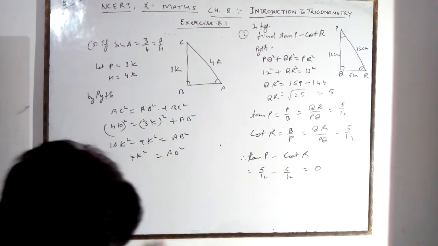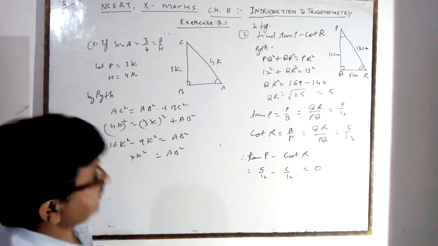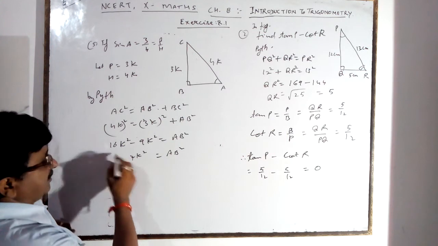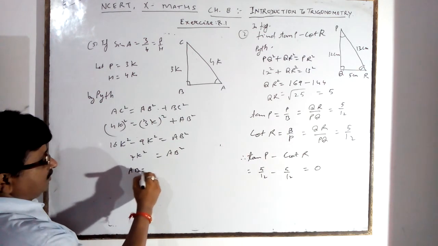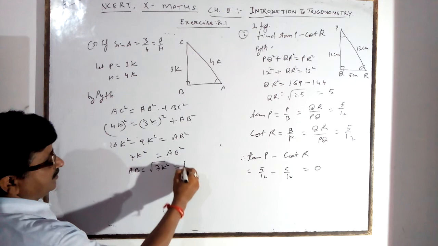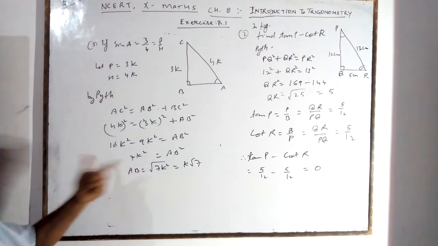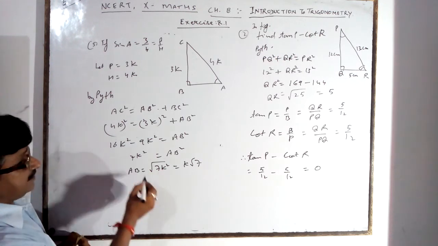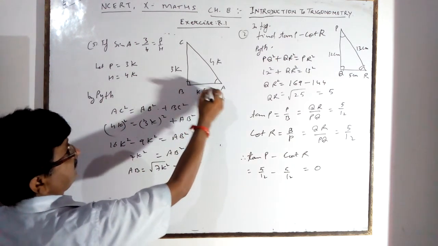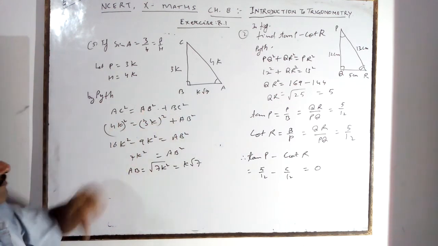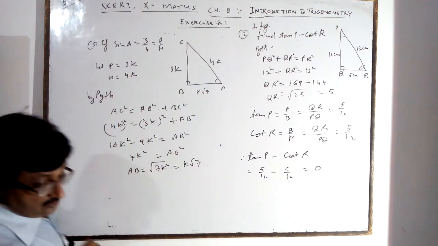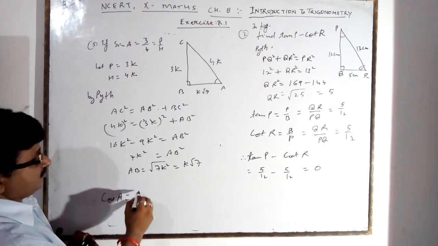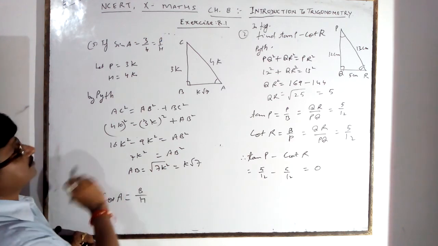Sin A is given. You want to find cos A and tan A. So first, 16 minus 9 is 7. AB is equal to under root 7K square, that will be K under root 7. Now you want to find cos A. Cos A is equal to base upon hypotenuse.